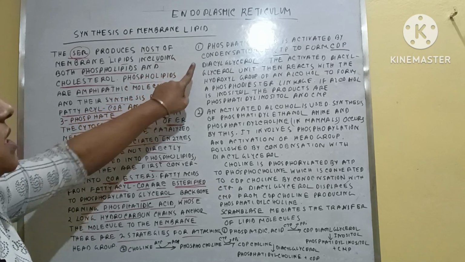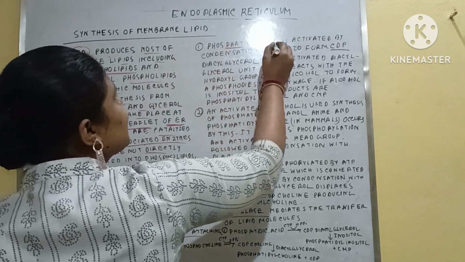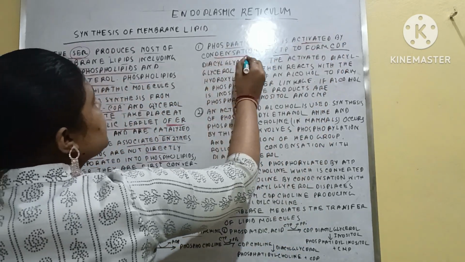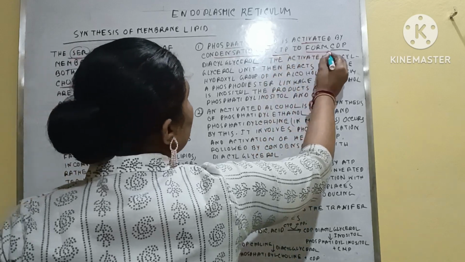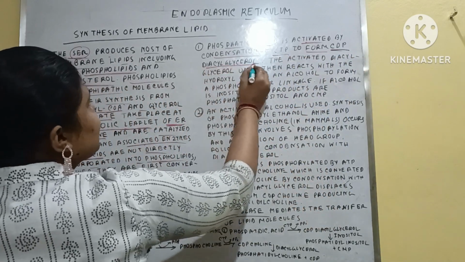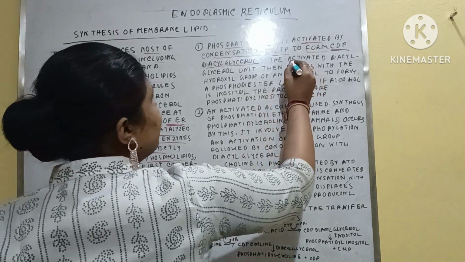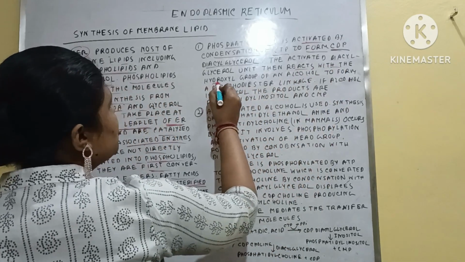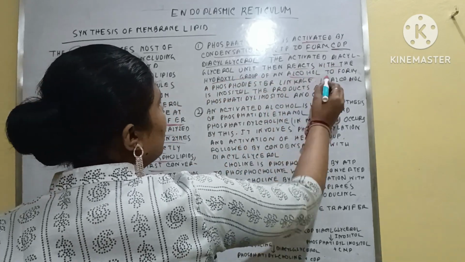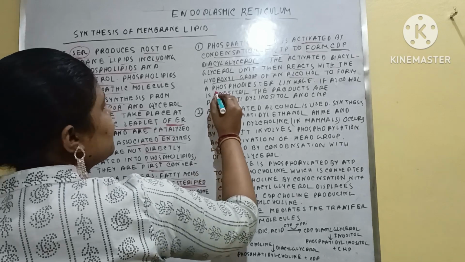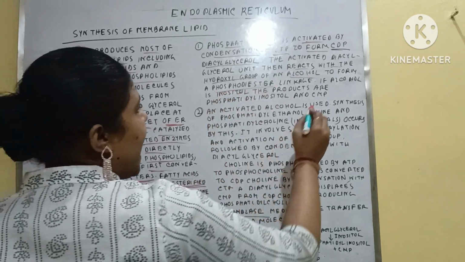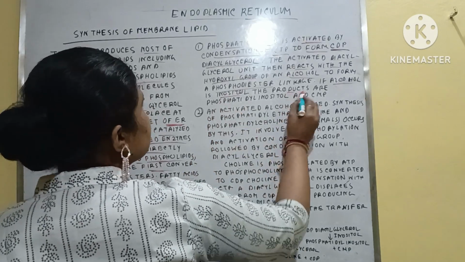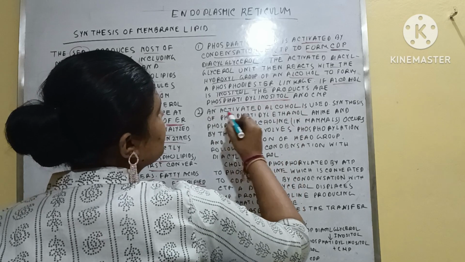In the first strategy, the phosphatidic acid is activated by the condensation of CTP to form CDP-diacylglycerol, and the activated diacylglycerol then reacts with the hydroxyl group of an alcohol to form a phosphodiester linkage. If this alcohol is inositol, then the products are phosphatidylinositol and CMP.